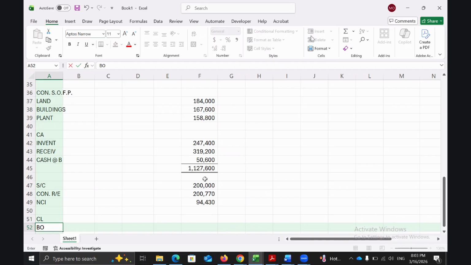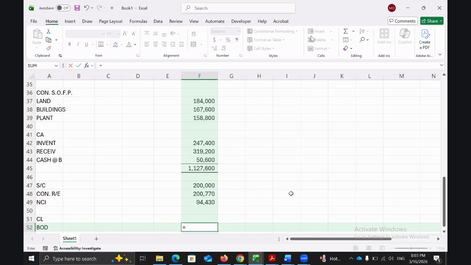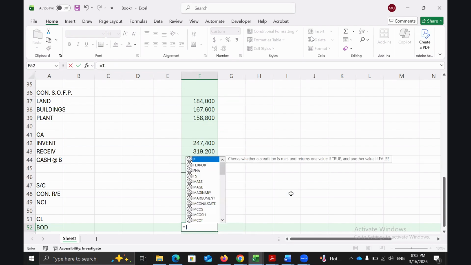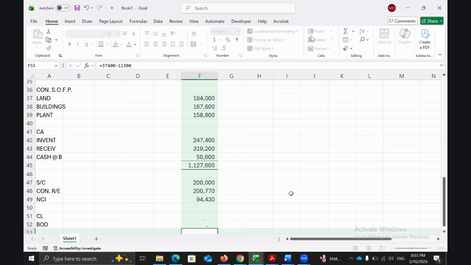The bank overdraft is 37,400. From this, we can deduct 11,300.